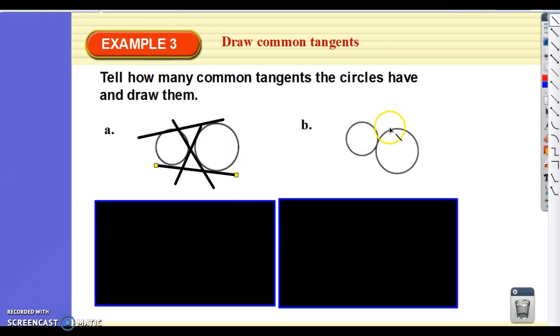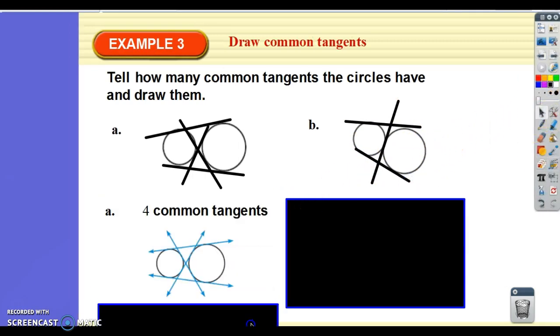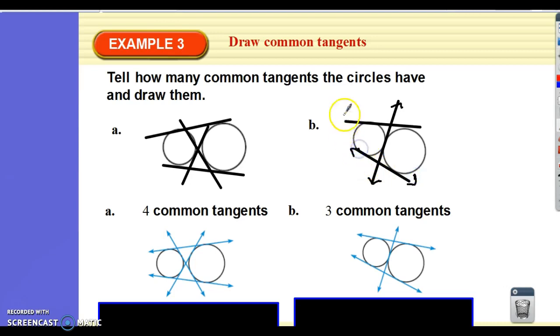There's 4 of them. Over here we would have 1, 2, 3 of them. And all of these are lines. I just have to add my little arrows to my tangent lines.